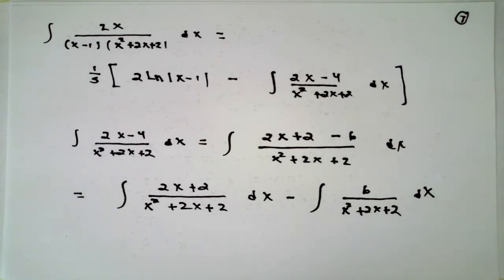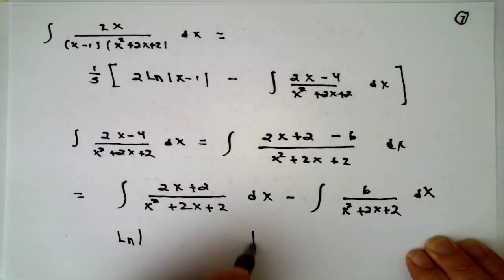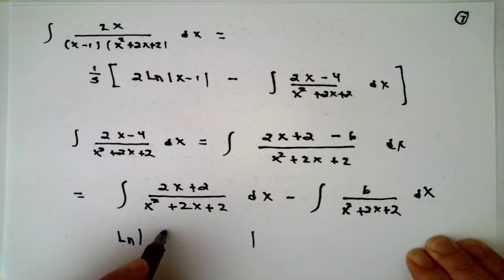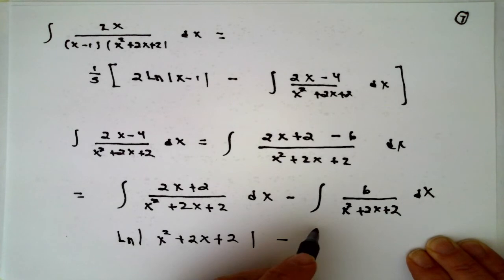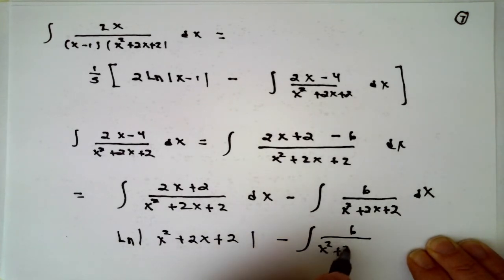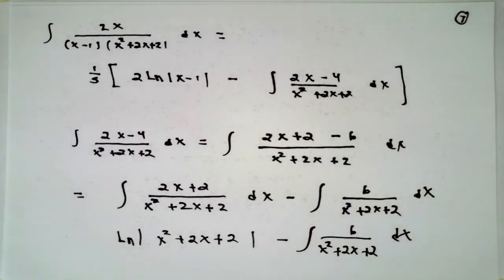Du would be 2x plus 2 multiplied by dx. We are integrating 1 over u du. This integral is the natural log of the absolute value of whatever the u is, which is x squared plus 2x plus 2. And to finish the problem, we just have to figure out what to do about that.